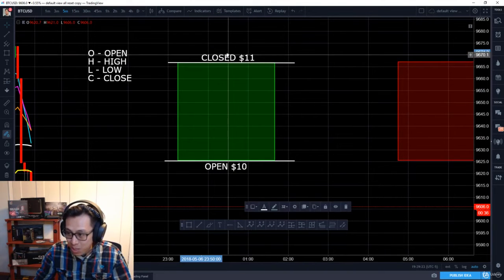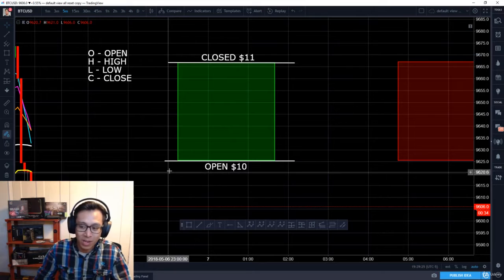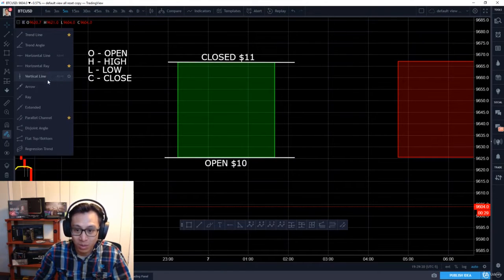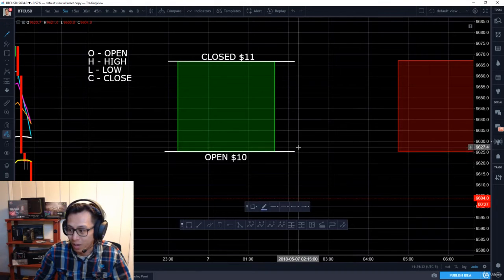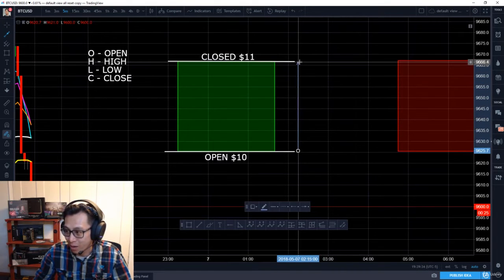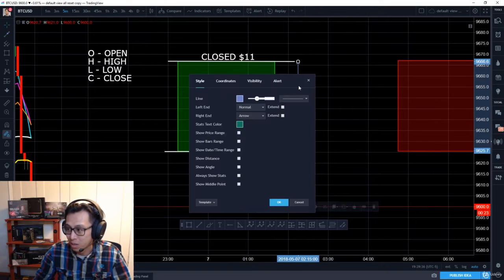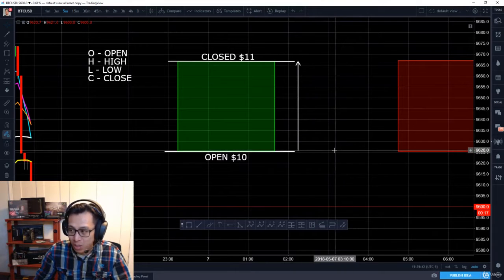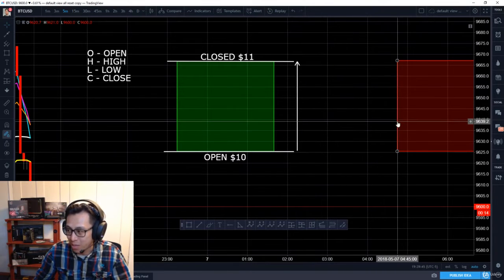This is the open because we have to think about it from the ground up, going upwards like that, right? Does that make sense? So we think about it from the perspective of going from down to up because it is green. So let's take a look at this one right here.